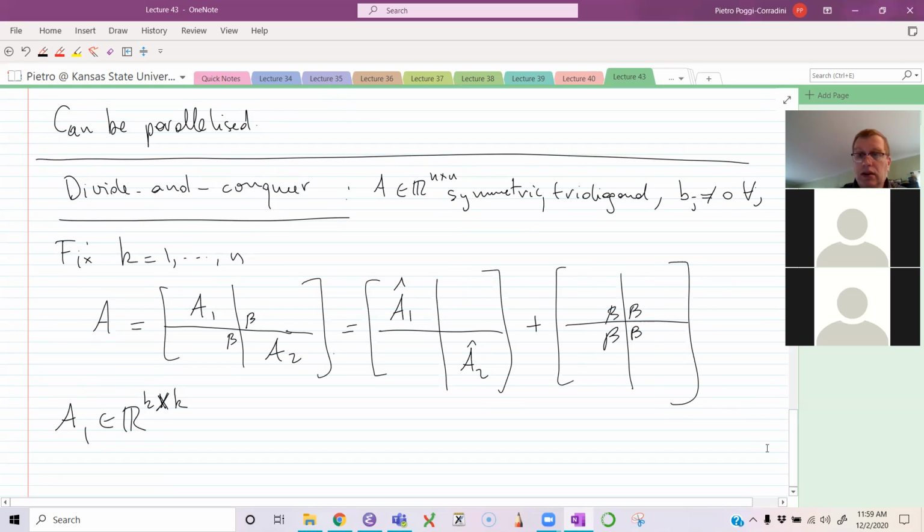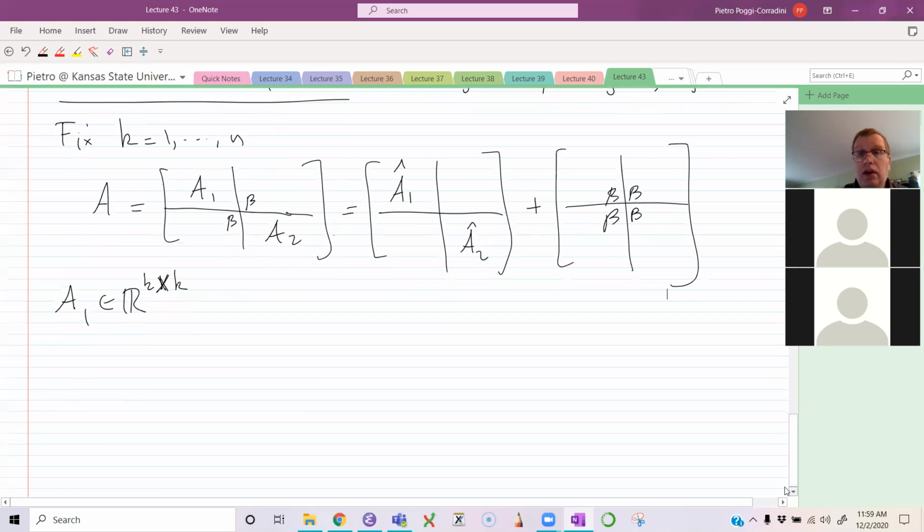That's certainly doable. Basically, all you have to do is subtract beta from the bottom right entry of A1, and you get A1 hat. And also subtract beta from the top left entry of A2 to get A2 hat. All right?